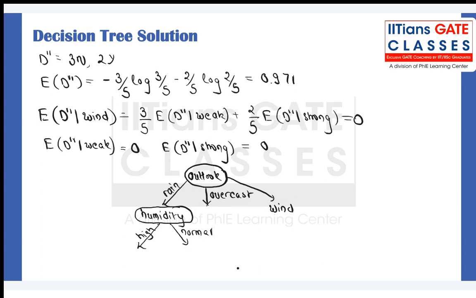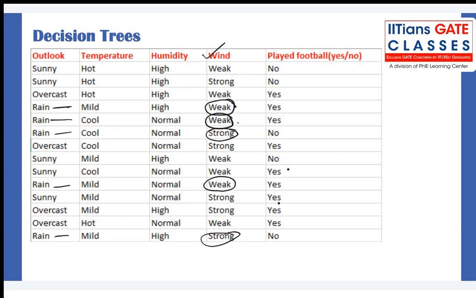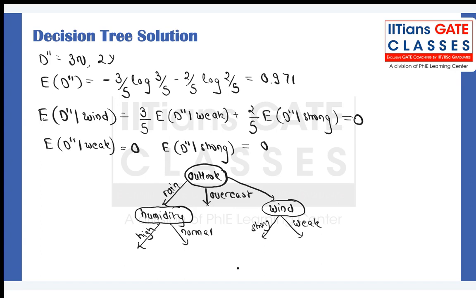Similarly, wind, either it is strong or it is weak. If it is strong, then technically you should not play. That is what the data set also says. If it is weak, it is yes. If humidity was normal, it was yes. And also if it is overcast, it was yes. And if the wind is strong, you won't play. If the humidity is high, you won't play.